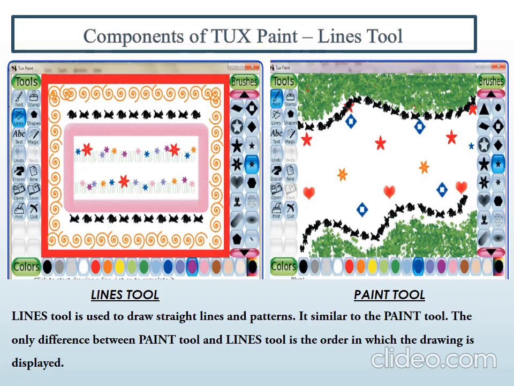It's a straight object that appears straight. The line tool and the paint tool, the sub toolbox options are the same. The only thing is, in the line tool, everything will come in a straight line, and in paint you will have something like freehand. So using this, you can draw a straight line and patterns, however you want your picture to display. In the second picture, you can see how the effect of the paint tool appears.